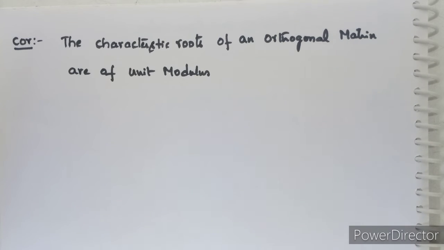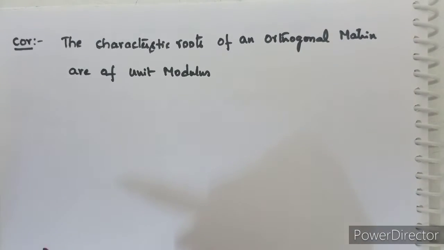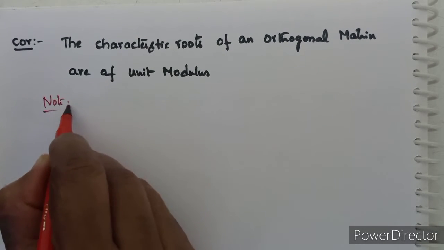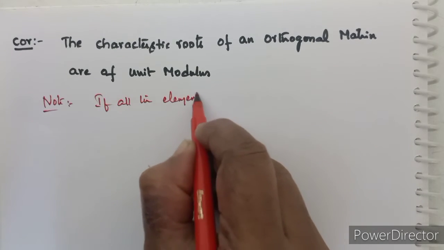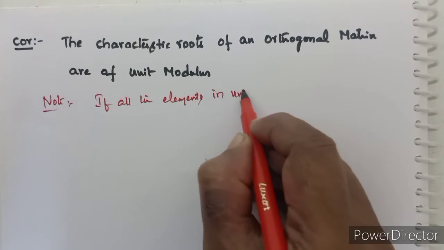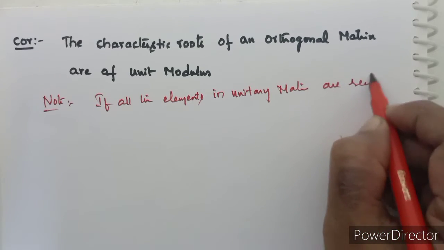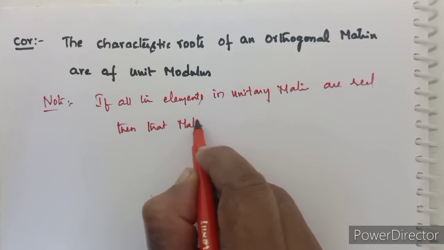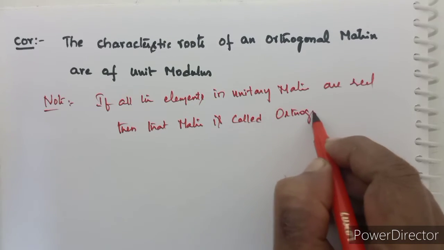Now we'll see the corollary. The characteristic roots of an orthogonal matrix are also of unit modulus, because if all the elements in a unitary matrix are real, an important note here, then that matrix is called an orthogonal matrix.